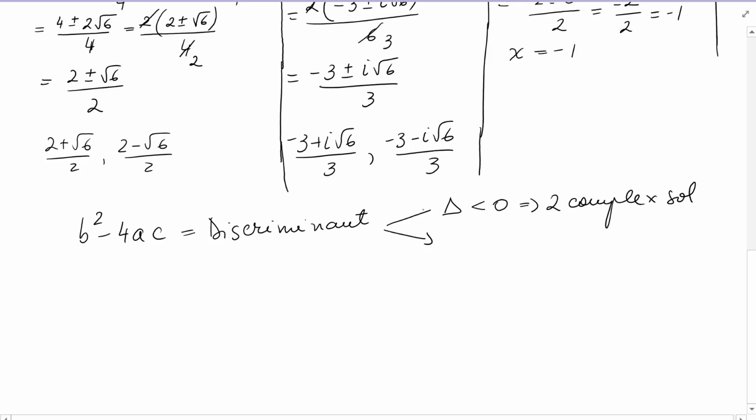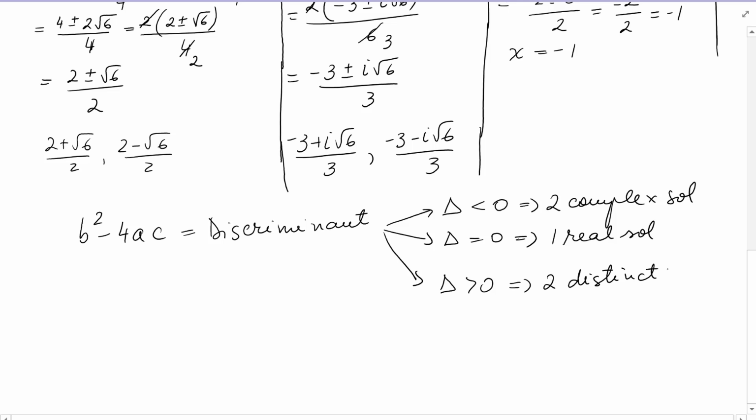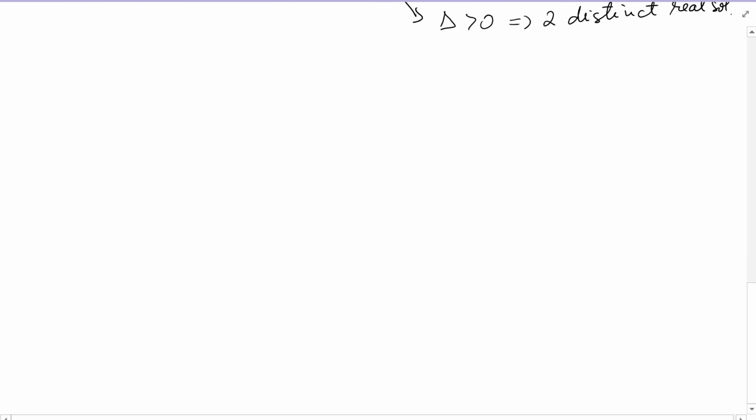If delta is equal to 0, or b squared minus 4ac equals 0, we have one real solution. And if delta is greater than 0, if b squared minus 4ac is positive, we have two distinct, different, real solutions.